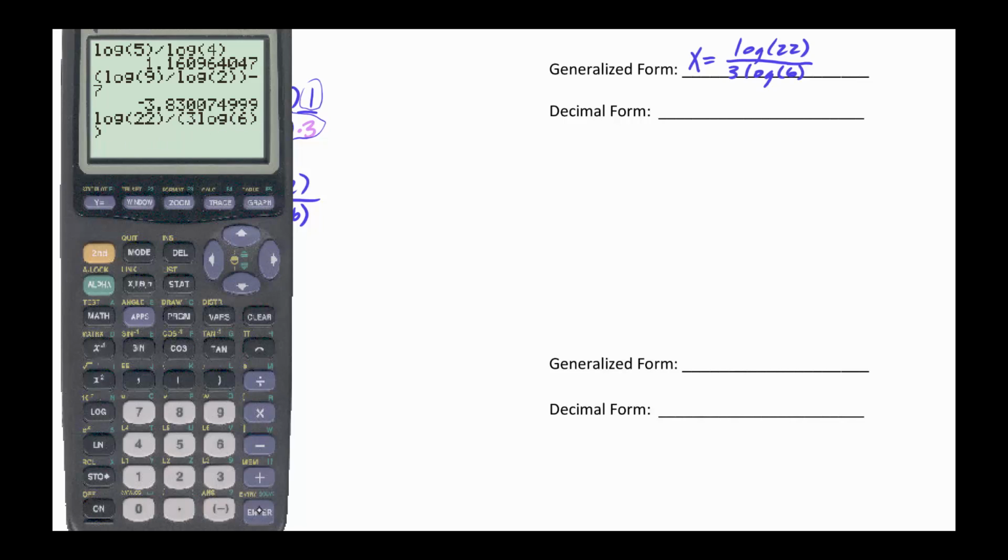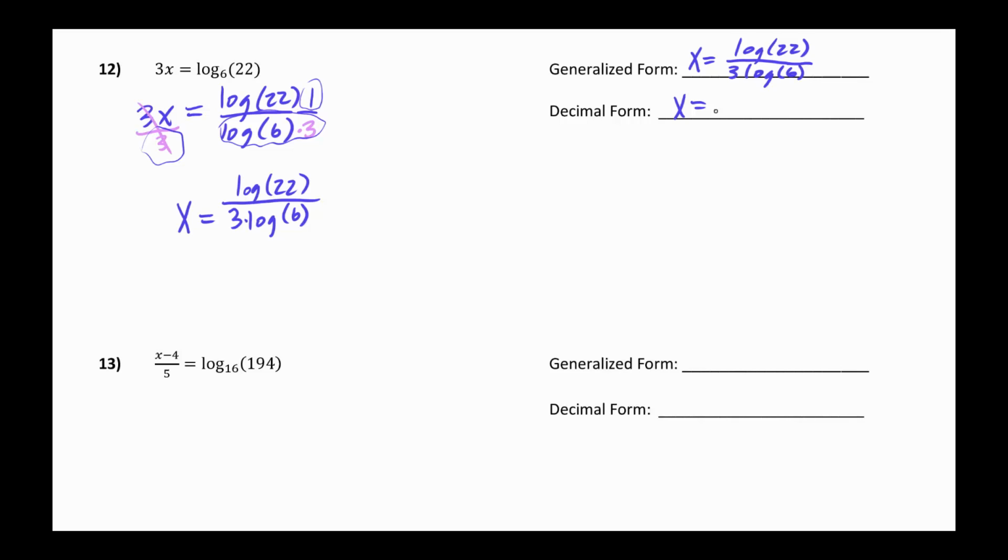I need 1, 2 right-handed. And I get 0.5750. I like 4 decimal places, but if you just want to do 3, that's okay with me. I am not fine with just 1 decimal place. That's not accurate enough. So generalized form and decimal form.